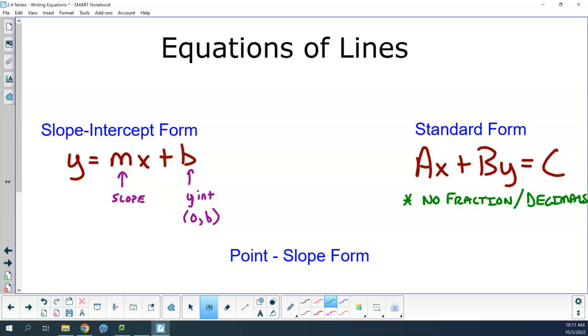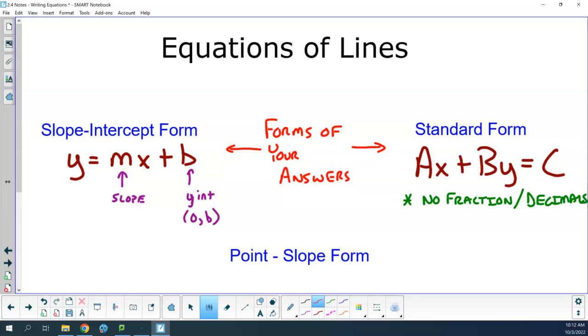Okay? So no fractions or decimals in that one. Those two together are going to be the forms of your answers. We're not there yet.